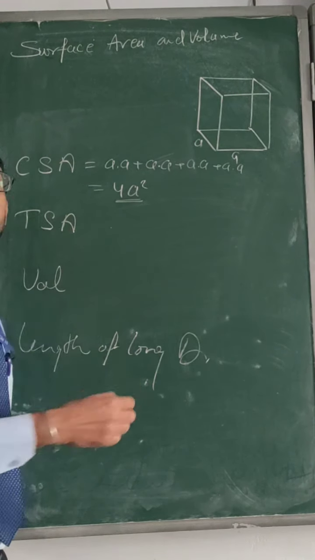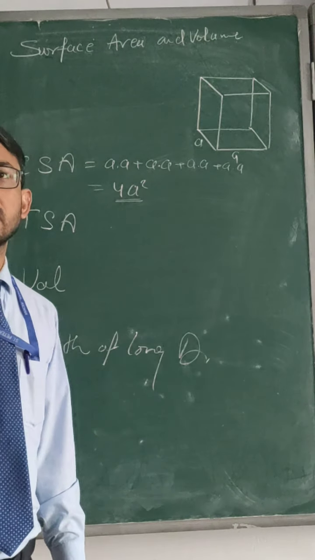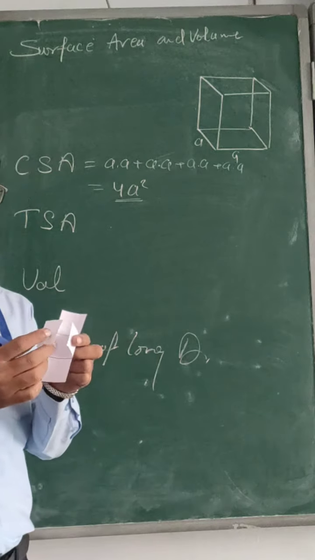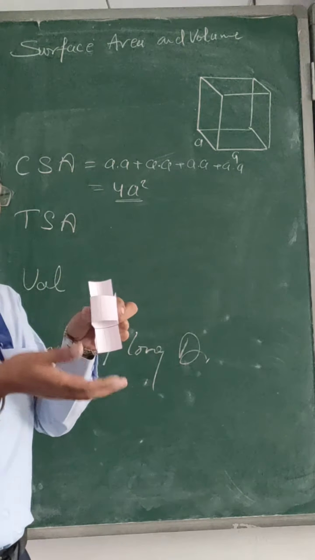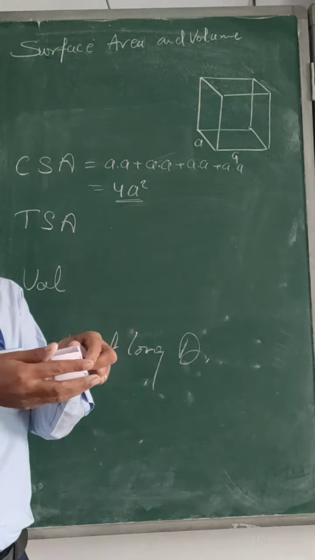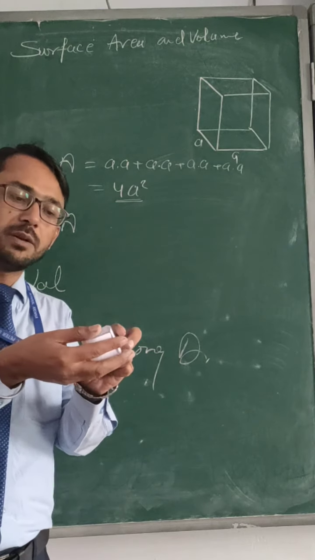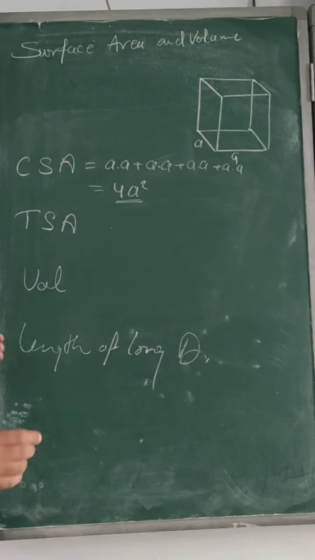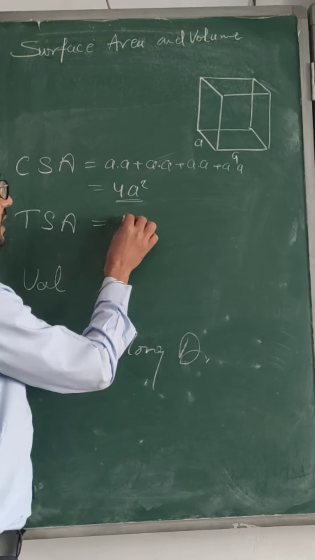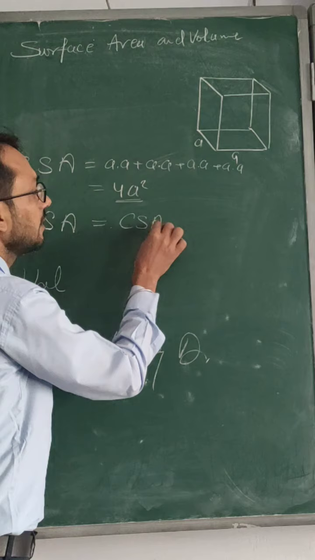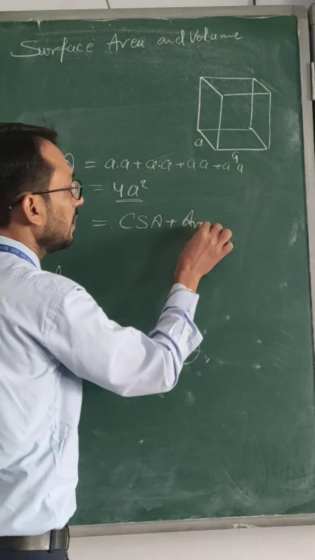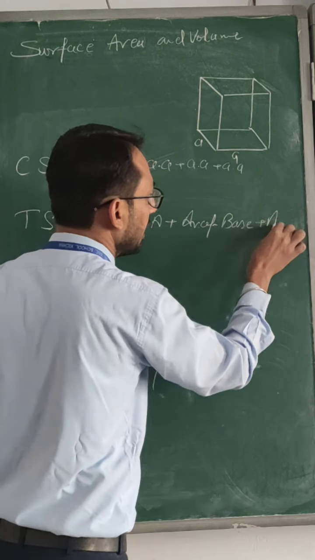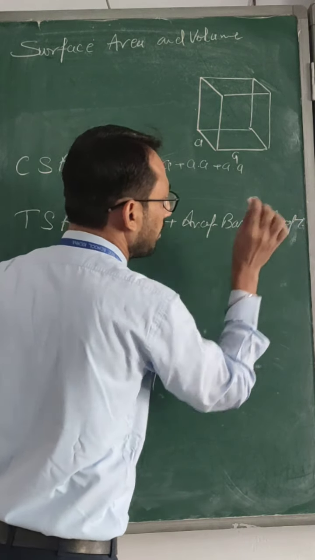If we are going for its total surface area, then the total surface area will be the four walls plus bottom and top also. That will give us the total surface area of the cube. Means total surface area is curved surface area plus area of base plus area of top.